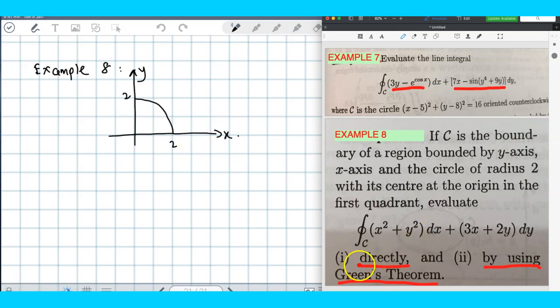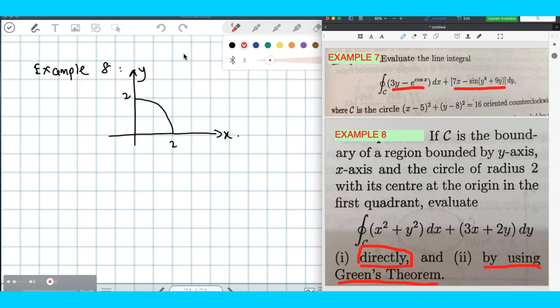In this case I don't want to show you the direct way, because that will be part of your exercise. You can try. So what is the meaning of directly? Meaning that we know this is supposed to be anti-clockwise direction, because you can see here that Green's theorem can be used. We can use the Green's theorem to compute, so meaning that we have anti-clockwise direction and it is closed.